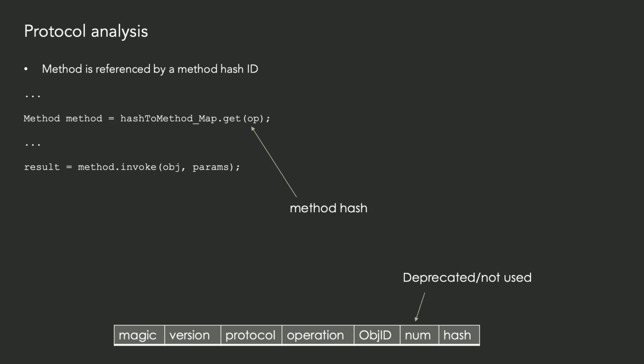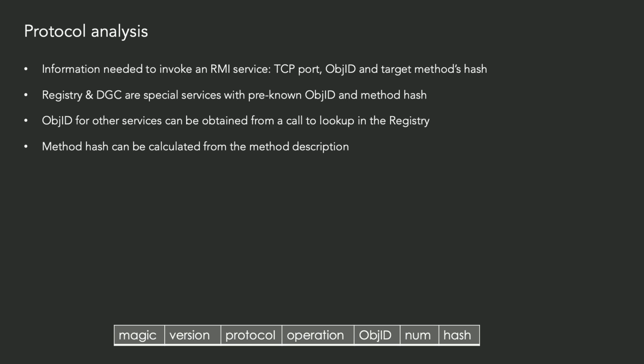And next, we will send a number. The number is actually deprecated and not used anymore, but it will play a very important part in the later exploits. And there will be a method hash, which identifies the method that we want to invoke. So the information needed to invoke an actual RMI service is the TCP port, the object ID, and the target method hash.